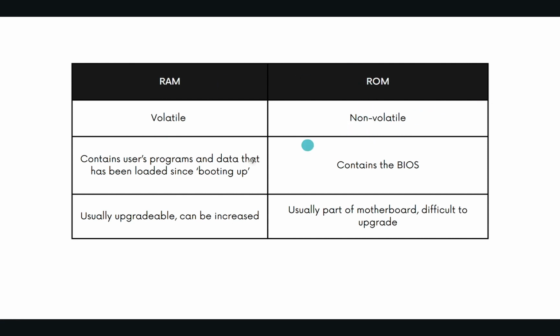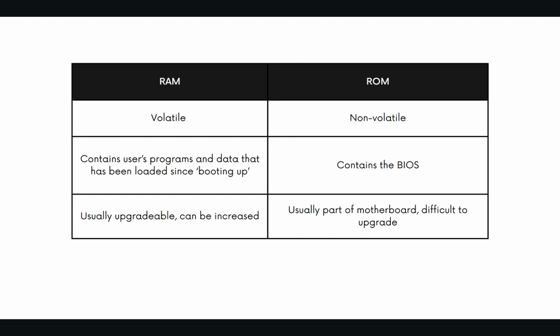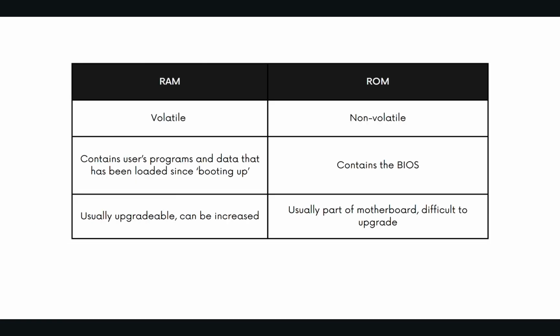ROM, on the other hand, doesn't lose its contents. RAM contains users' programs and data that has been loaded since booting up, and ROM contains the BIOS. RAM can be upgraded and increased. However, ROM could not be, because it's part of the motherboard and it's very, very difficult to upgrade or change it.